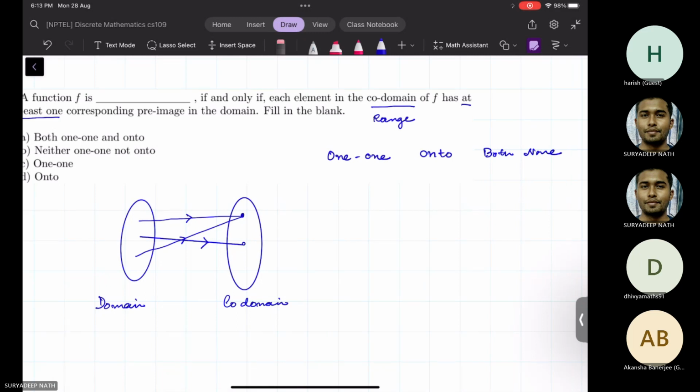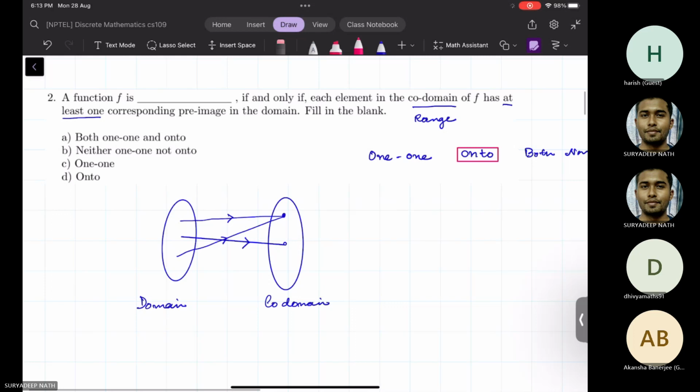Yeah, onto is the right answer for this question. So such functions where every element in the codomain has at least one corresponding pre-image in the domain are known as onto functions. Since we have been given only this much detail, we can't say whether it is one-one as well, but it is definitely an onto function. Therefore, option D is the right answer for this question.